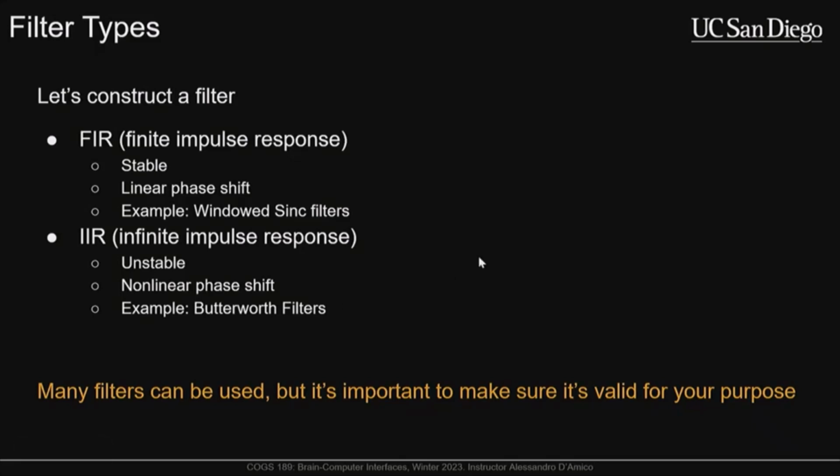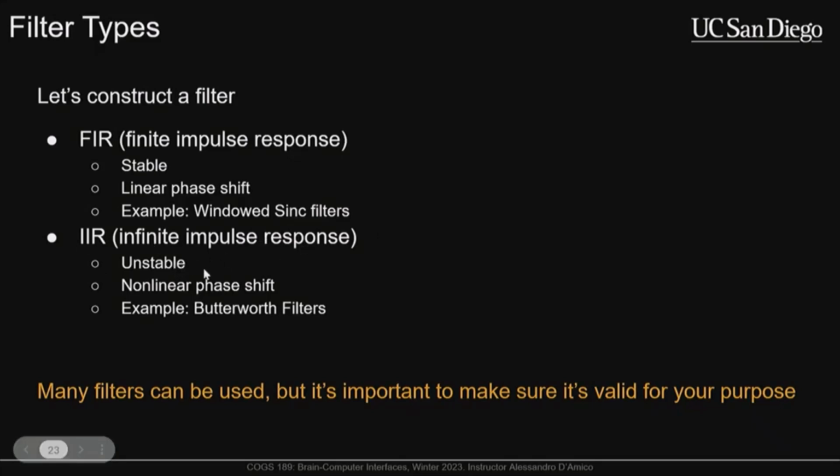So I'll just give you the bullet points of the features that are relevant for us. So FIR filters are stable. They have a linear phase shift, which means when you apply a filter, the signal is going to be temporally shifted by a linear amount. And a good example for that is the windowed sinc filter, which you can find in MATLAB, you can find it in Python.